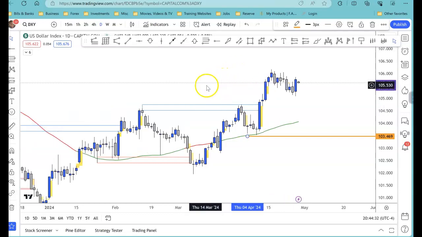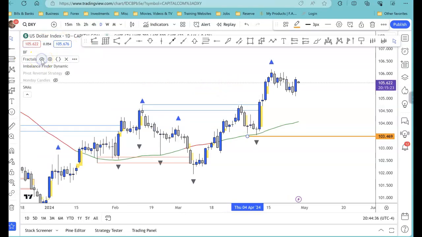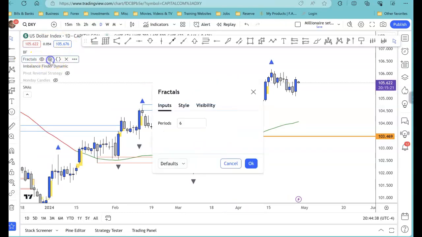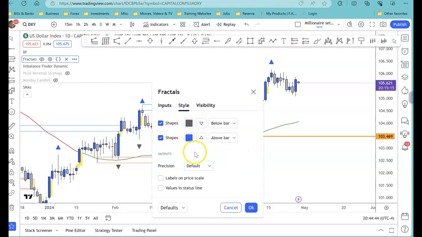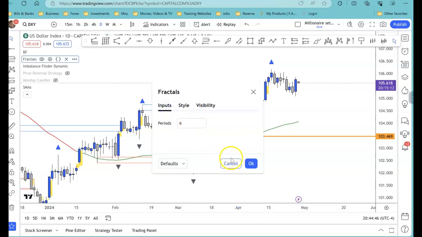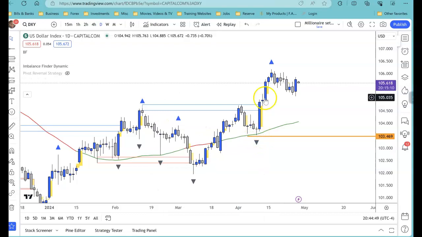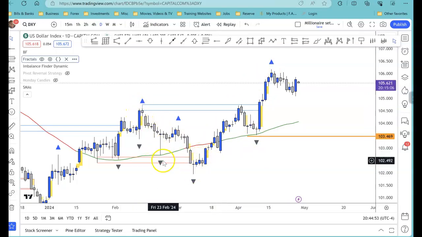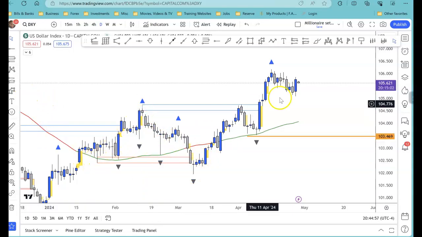If you're not sure how to identify swing points, there's an indicator called fractals. These are the settings right here, period 6, and this will help you. This is the style shapes, and I changed my colors, but these are the settings which will help you identify swing points. You're going to use your swing points to help you with identifying higher highs and lower lows in the market.